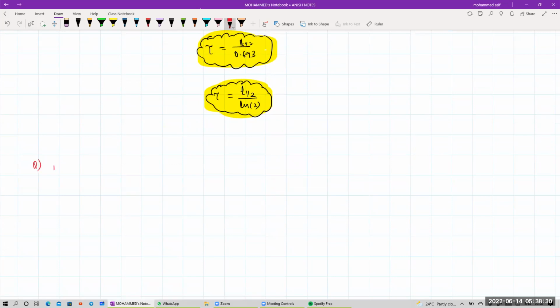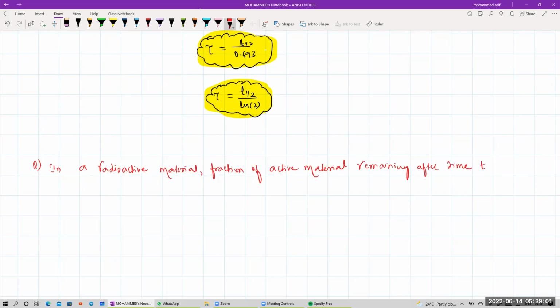देखो, एक क्वेश्चन मान के चलो। In a radioactive material, the fraction of active material remaining after time t is 9 by 16.